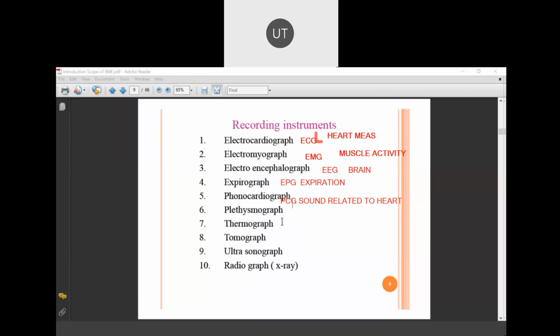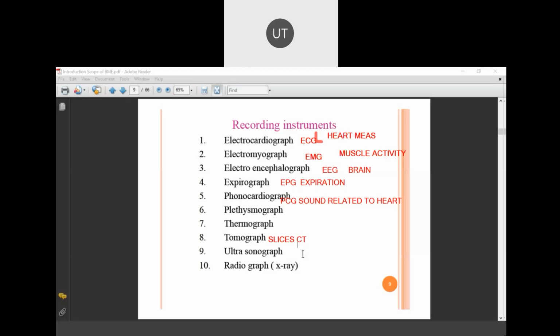Plethysmograph, then thermograph, tomograph. Here the slices. If you see computed tomography, that means different images of the brain are taken at different angles in slices, and they are studied. You will get to know this when we study the introduction to computed tomography and MRI.